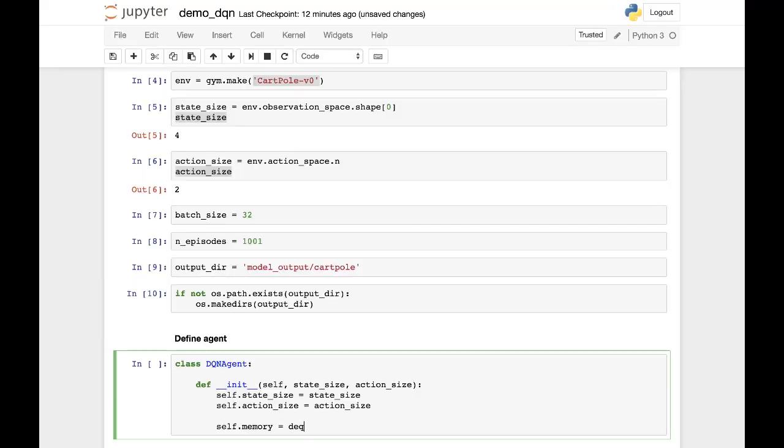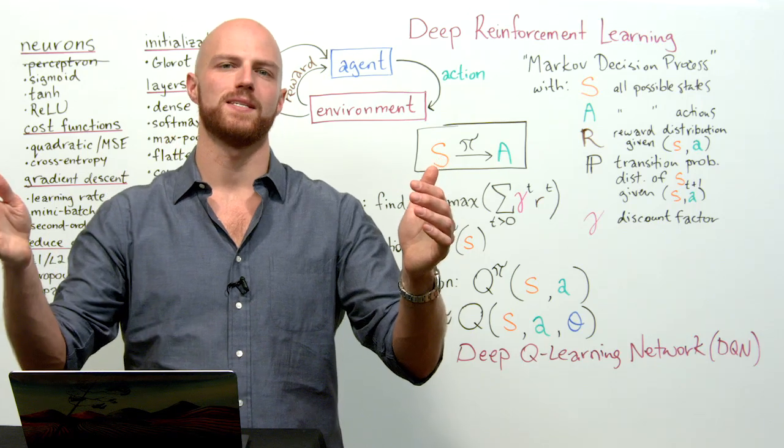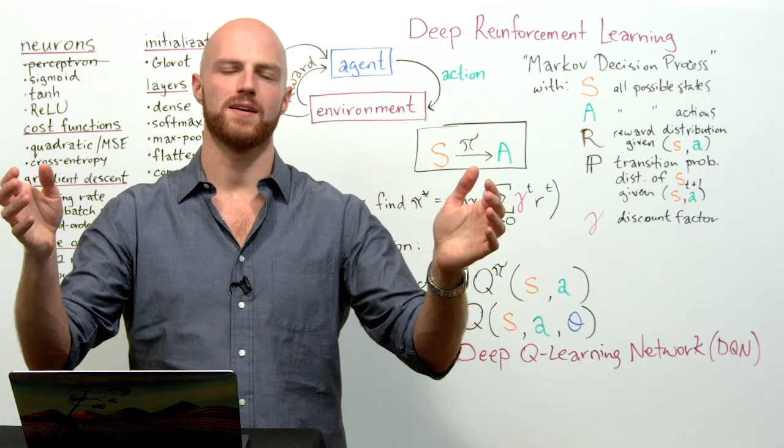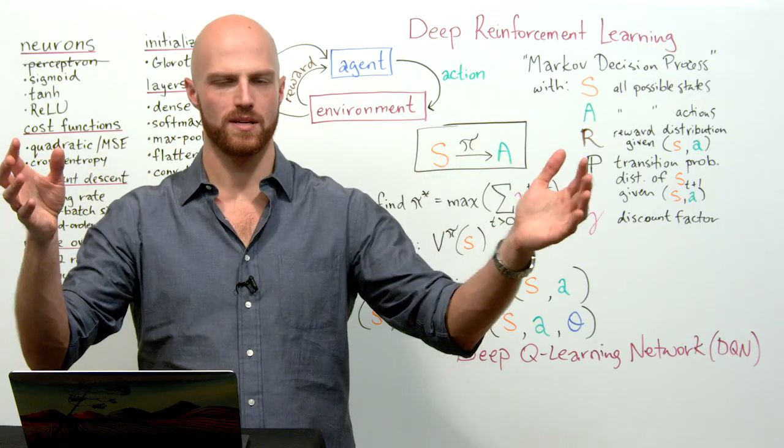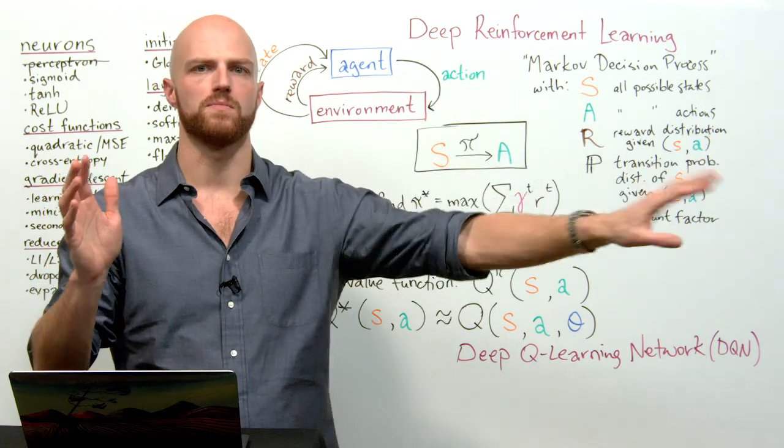So our memory is going to be a deque with a maximum length of 2,000. So remember that a deque is just a list, but we can add or remove elements from either end. So this enables us to keep adding pieces onto our list, but as soon as we get to 2,000, the oldest elements of the deque will start to be removed.